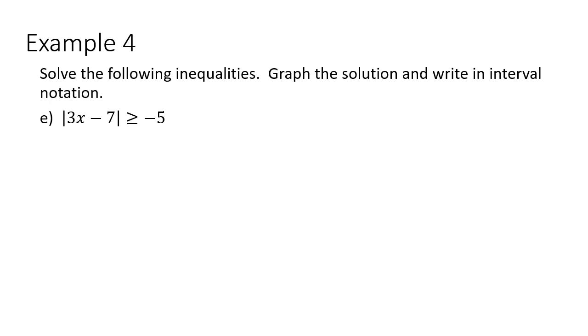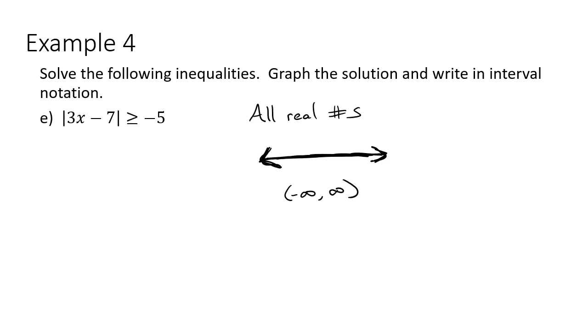When is an absolute value bigger than a negative number? The answer is always. So the solution would be all real numbers, which as a graph would just be the entire number line shaded. Not a very helpful graph. Or an interval notation would be from negative infinity to positive infinity.